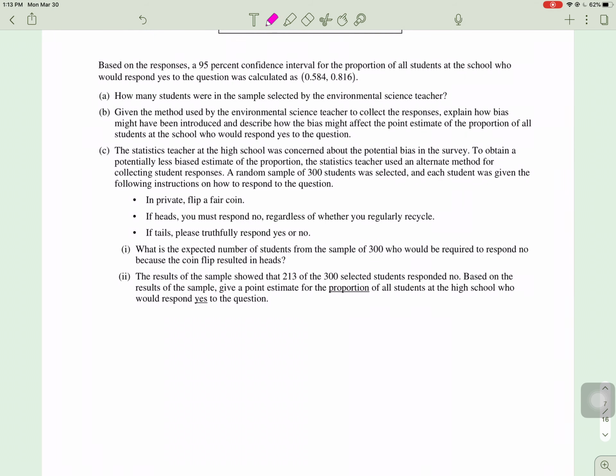If we remember anything about confidence intervals, the formula is take a point estimate, a starting point, and add or subtract the margin of error, which for proportions is z star times the square root of p-hat q-hat over n. So what do we know already from this?